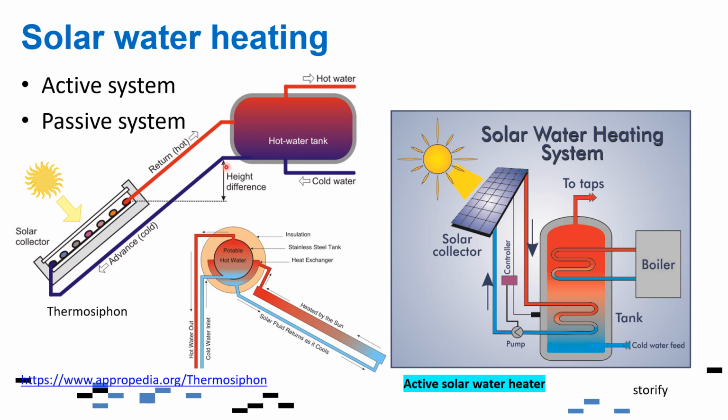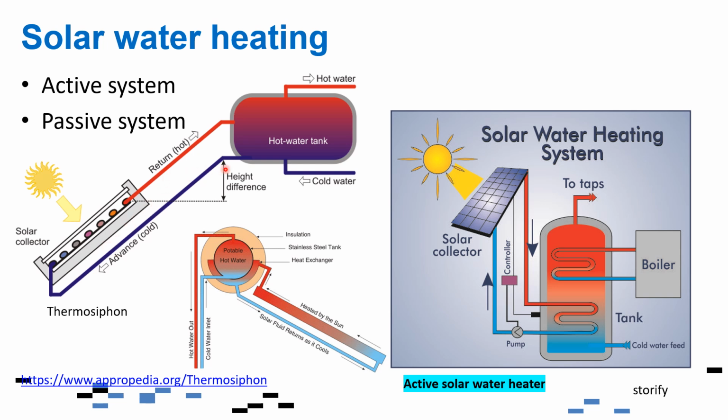The passive one basically uses natural convection. So we don't use any pump system here, but we use a hot water tank that should be located above the solar collector. You can see from this example that this hot water tank has to be situated above the solar collector because it uses the differences in density in water.